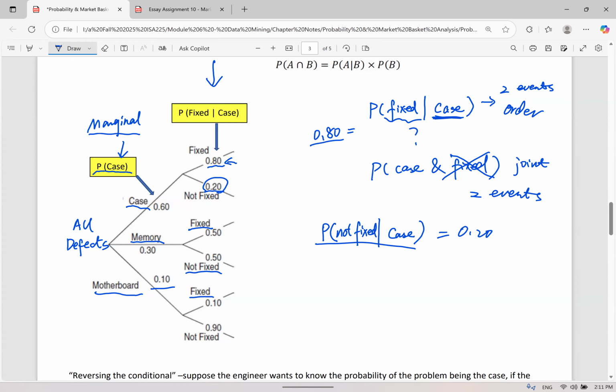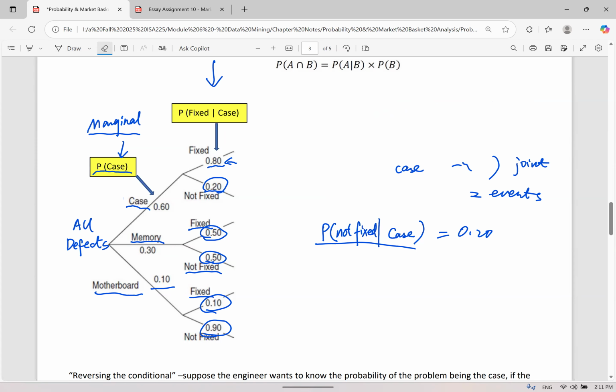And this 0.50 is: given this defect is a memory defect, 50% can be fixed, 50% cannot be fixed. The same idea for 0.10 and 0.90: given it is a motherboard problem or defect, 10% of them can be fixed, 90% cannot be fixed. So for the second step of the tree, the information we provide here is all conditional probabilities.